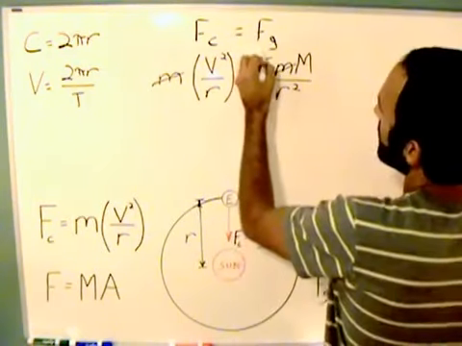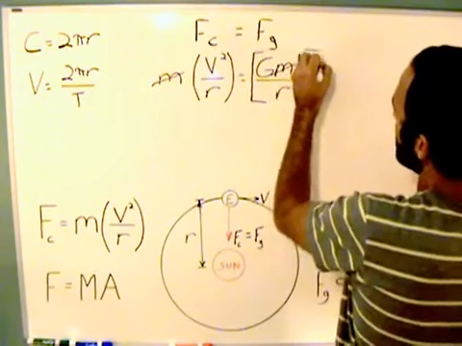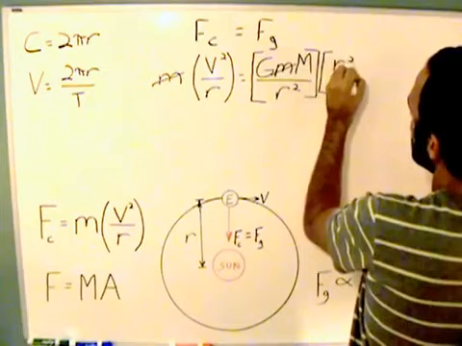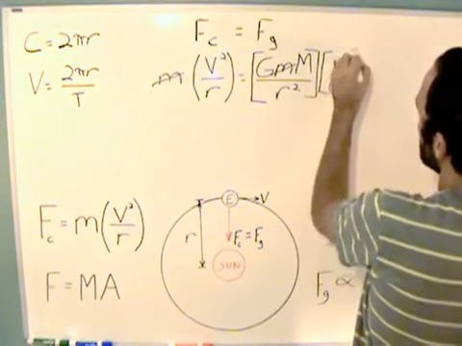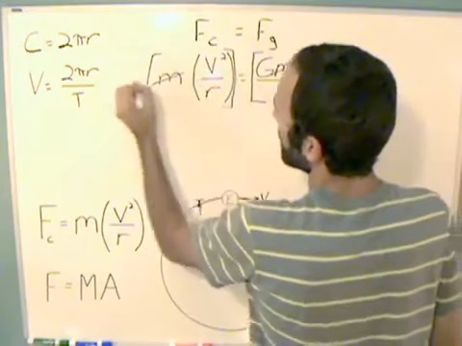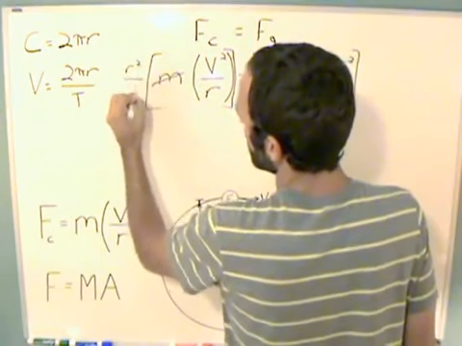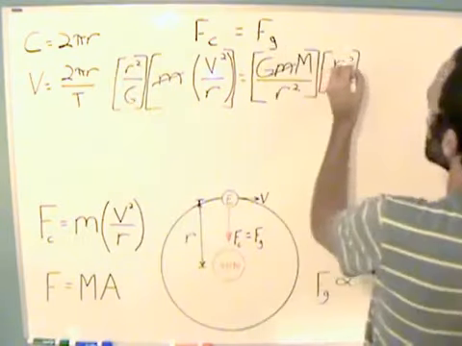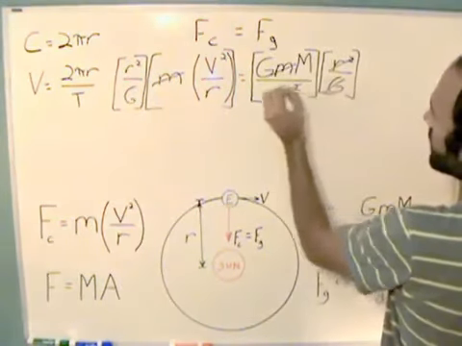Showing some simple algebra here, you could multiply this side times r squared over G, and multiply this side times the same thing, just to show the steps. So r squared cancels, G cancels.